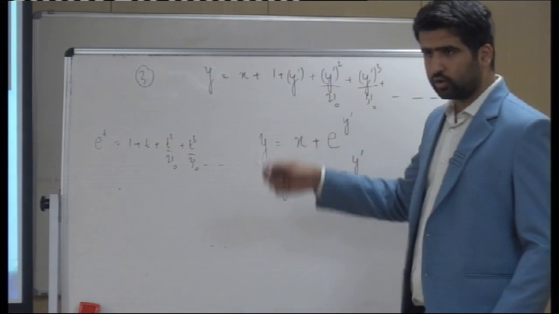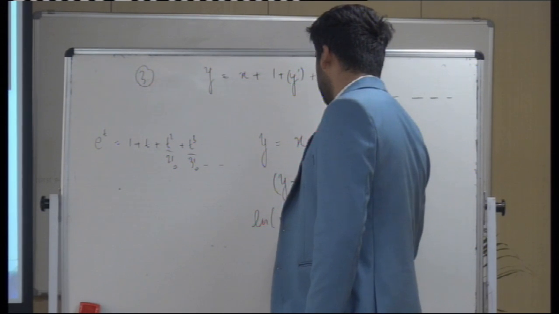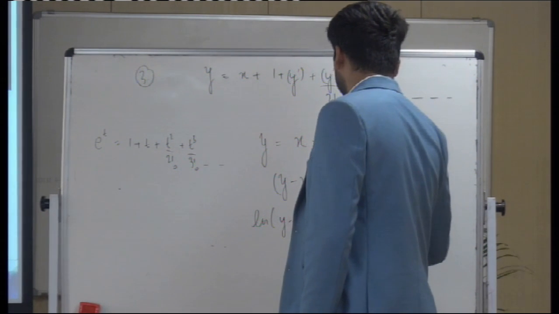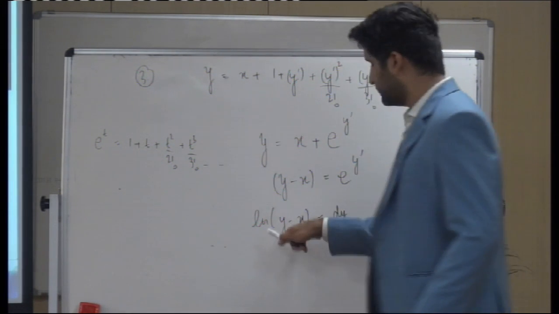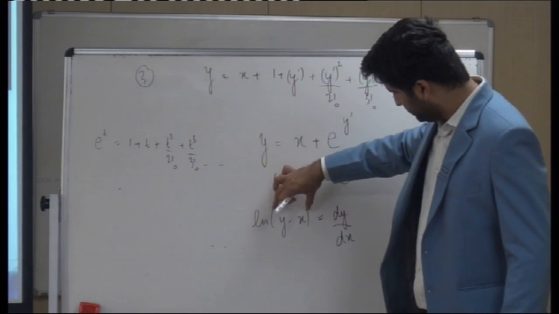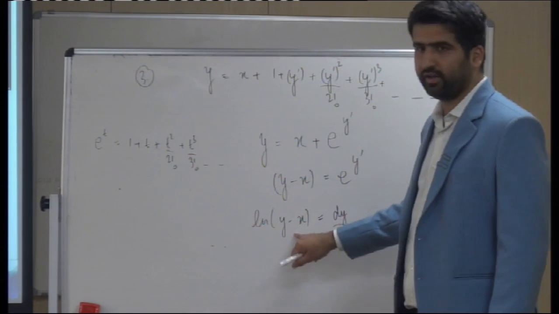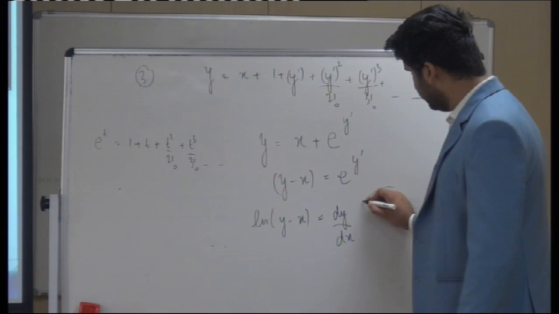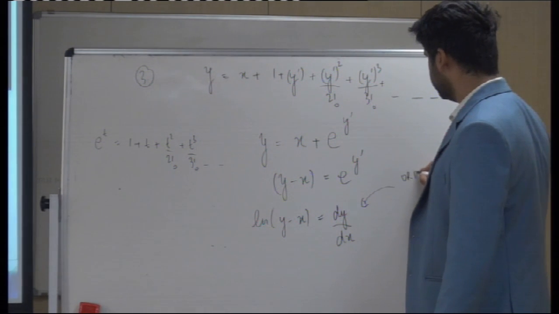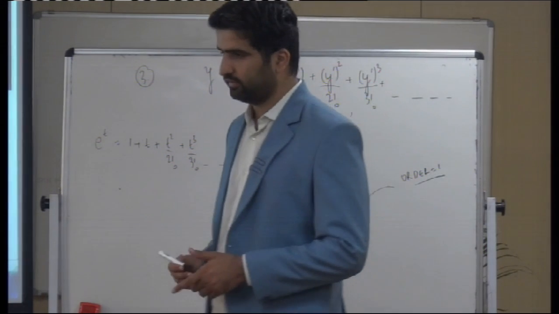And taking natural log on both sides, we'll get ln of y minus x is equal to dy by dx. Now in this case, this is not a derivative inside the transcendental function. These are just y and x. So this is valid, this is applicable. So in this case, the order is 1 because we just have the first order derivative. Okay.